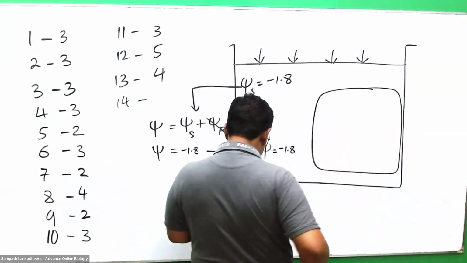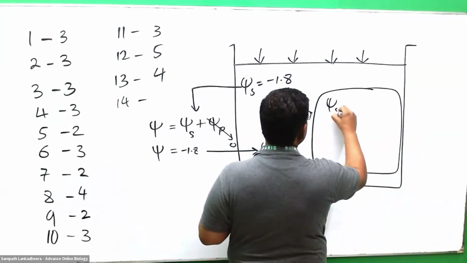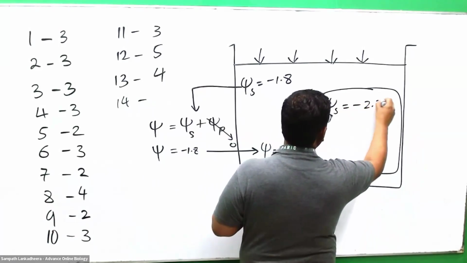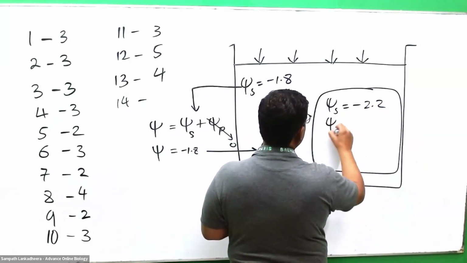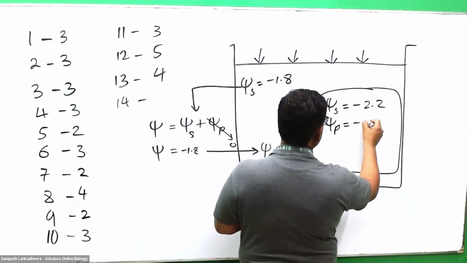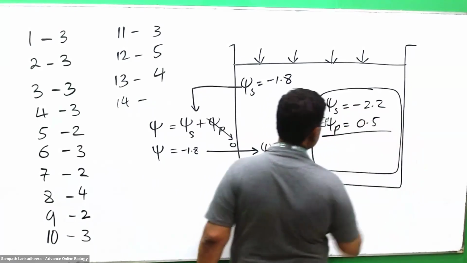Let's take the cell values once again. Psi S of the cell is minus 2.2. Pressure potential of the cell, psi P, is plus 0.5. So what is the water potential of this cell?